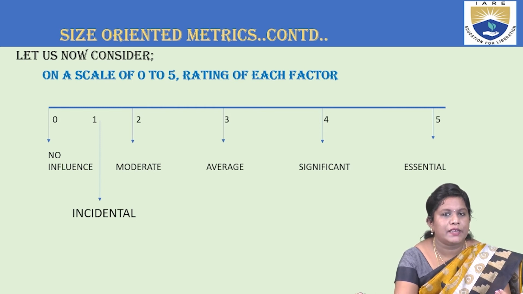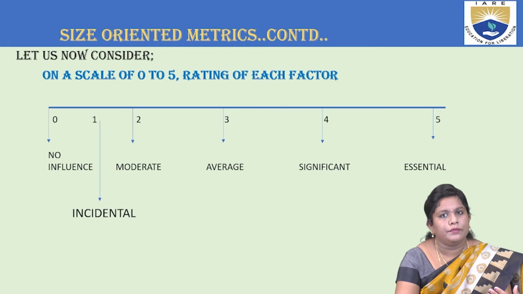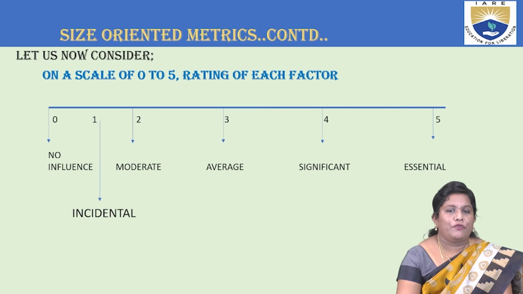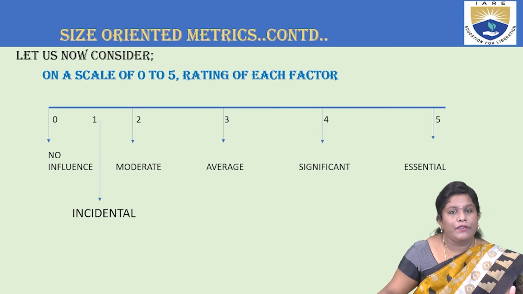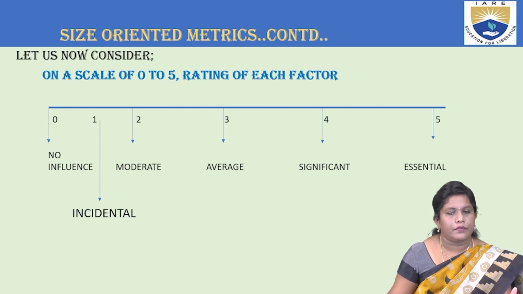Based upon the work assigned to you, you place yourself below 5 or above 5, right? In the same way, to know the Fi, you rate the factors on this scale, where 0 is no influence, 1 is incidental, 2 is moderate, 3 is average, 4 is significant, and 5 is essential, right?